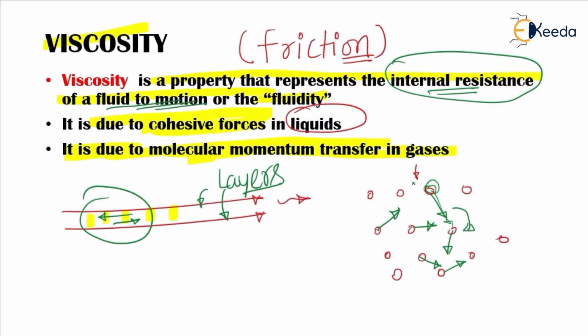That is the reason the resistance comes into the picture, due to molecular momentum transfer. We know that momentum is defined as mass into velocity. These molecules are moving with very high velocity, so that means this is dominating.